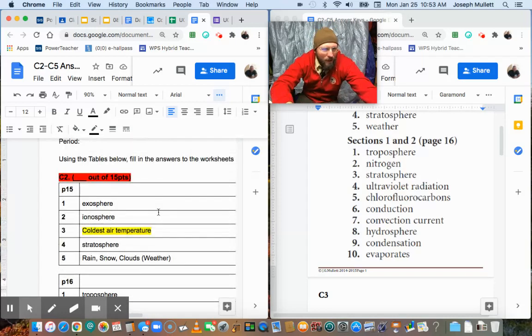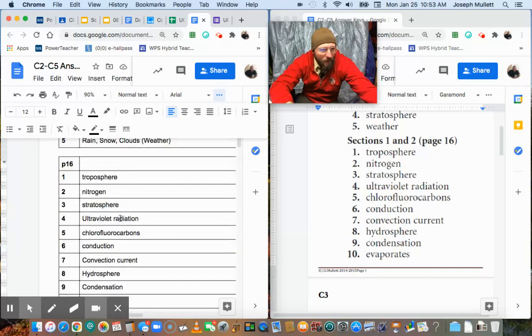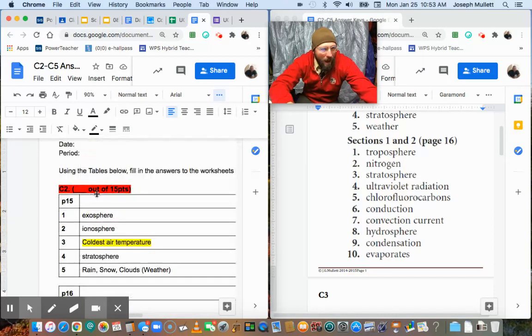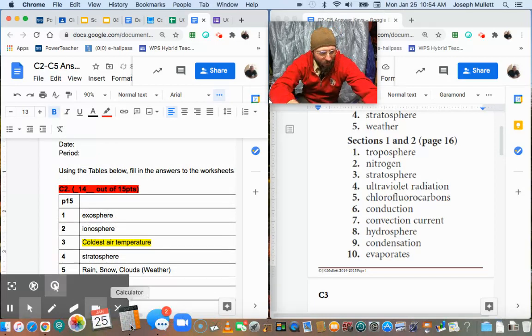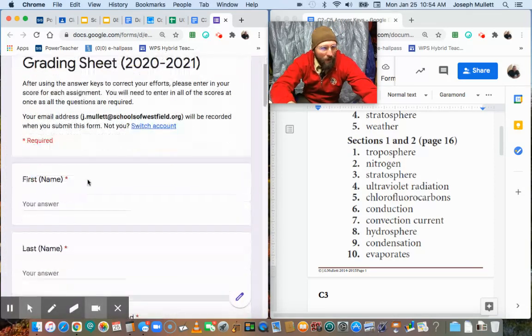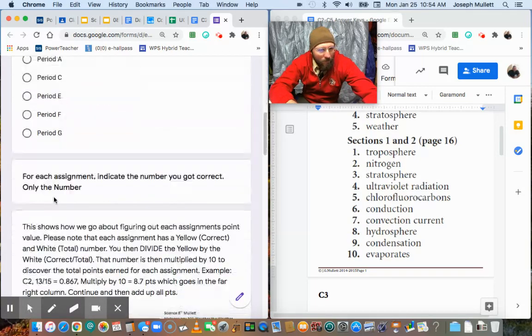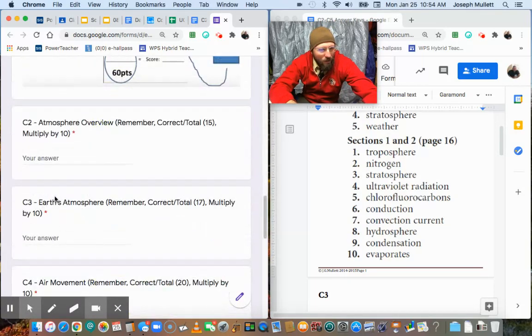So in this case, it looks like the student got only one question wrong because only one is highlighted. So out of 15 questions, that's really 14. And this is where we need to use our calculator, because on our Google Forms sheet right here, after you've typed in the name, first and last, and your period, it says for C2, the atmosphere overview, remember, it's the correct divided by total, which was 15, multiplied by 10.